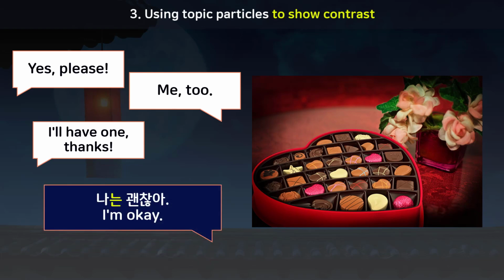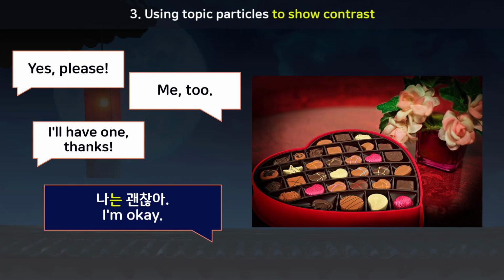So you might say, 나는 괜찮아. I'm okay. So the use of topic particle 는 helps to differentiate you from other friends who said yes. So in everyday situation, it's really common to show a contrast between two things based on context rather than having the two contrasting sentences together.